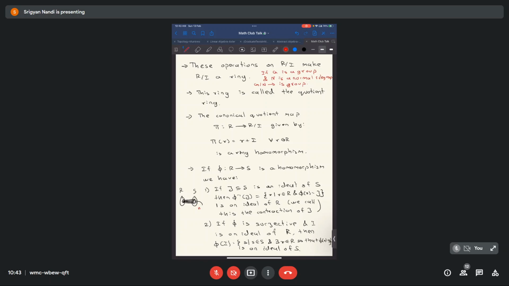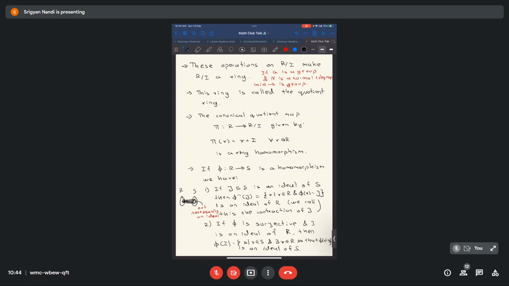It is not an if and only if condition. There are non-surjective maps that still preserve certain ideals, but in the general case it is not an ideal, so not necessarily an ideal.